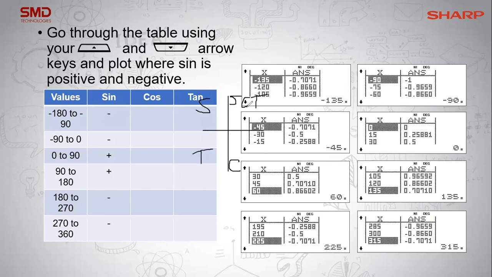So here, where they are all positive, we put in an A, and we can actually see where the CAST diagram comes from by using our table, our table of sines, to show where this pattern comes from. And I think it's a very good exercise for students, because often we just give them the CAST diagram and we assume that they know where it comes from.